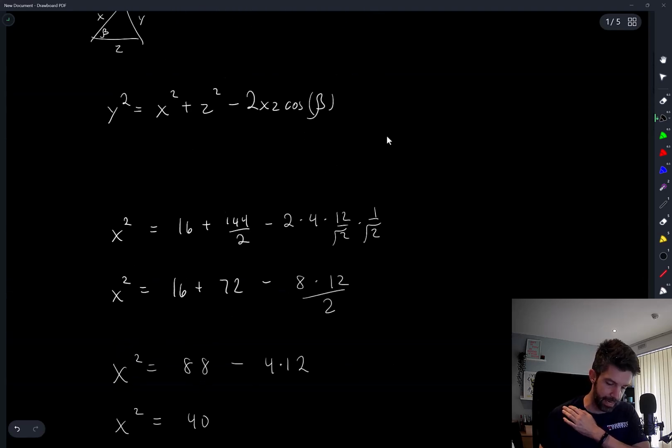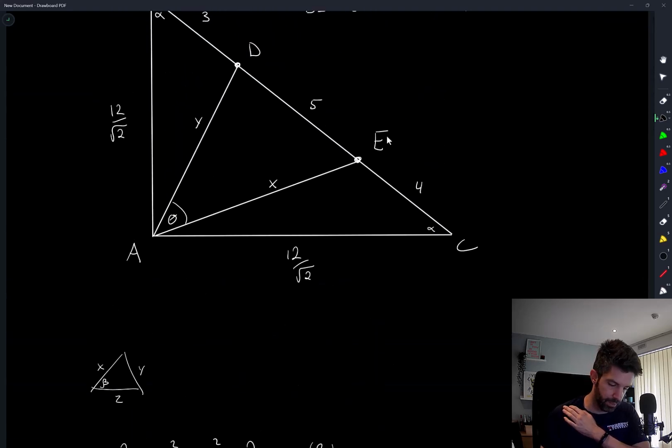Okay. And now let's put in the cosine law for the last collection of numbers.